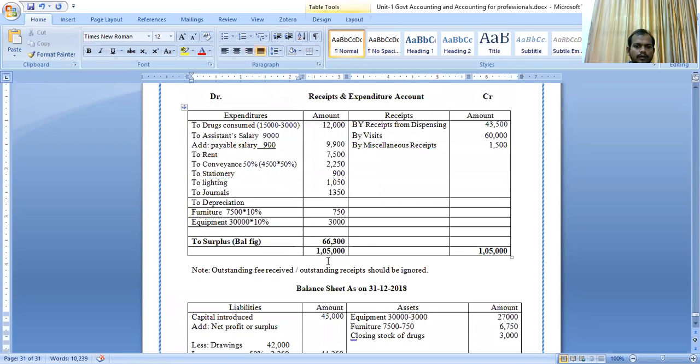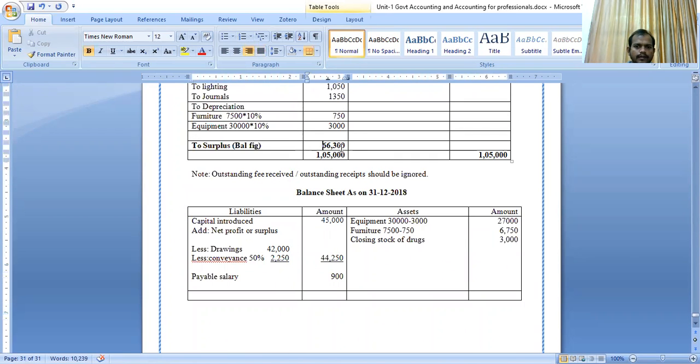Before deducting, we have to add the surplus amount to the capital. It comes around 1,11,300, and we have to deduct the 44,250 out of that 1,11,000. So it comes around 67,050.